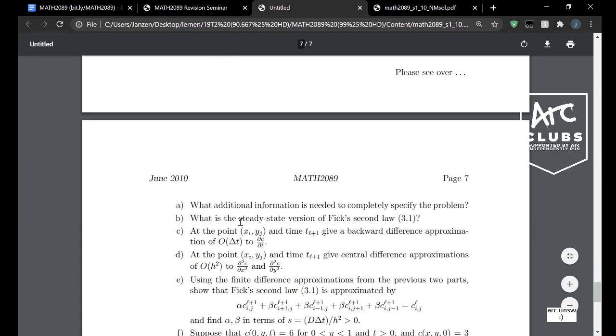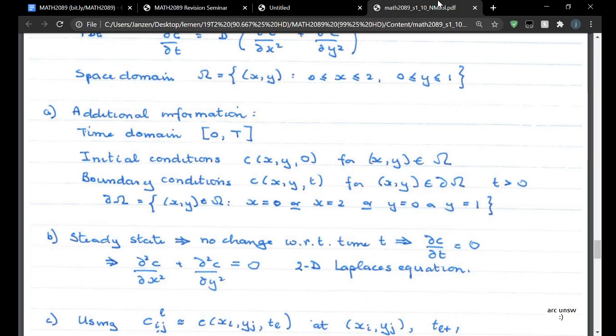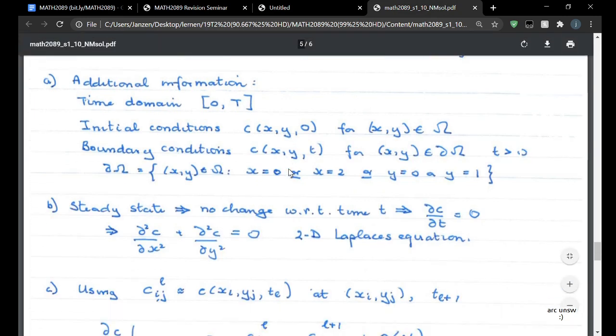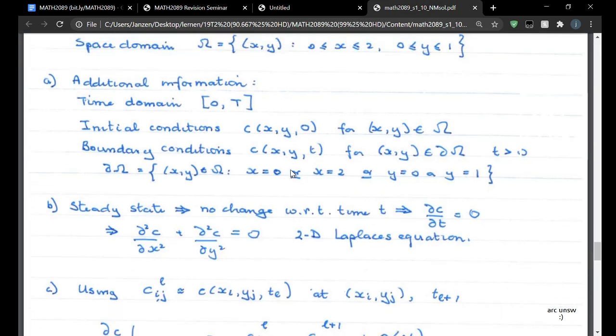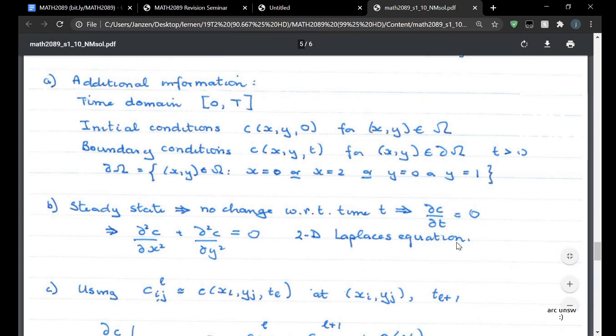Second question, what is the steady state version of Fick's second law? The steady state version is basically as t goes towards infinity, and when that occurs, t won't have an effect on the PDE anymore, which results in this expression here.